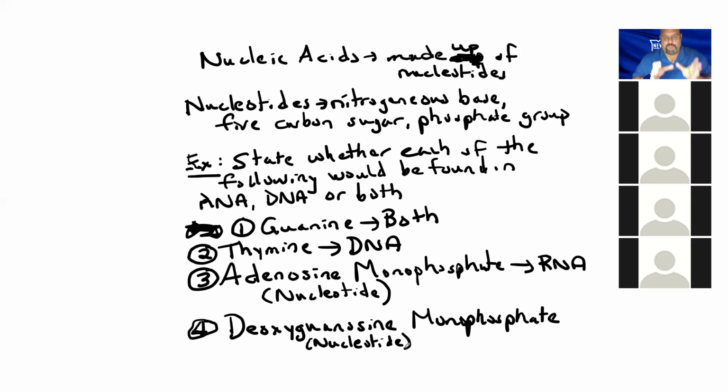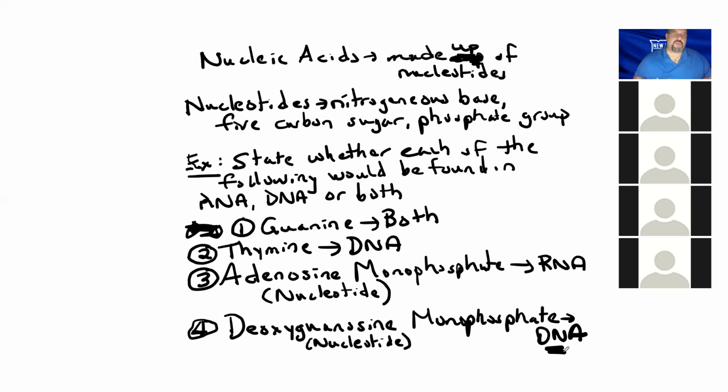But here, if we focus on the nucleoside portion of the nucleotide name, we have the term deoxyguanosine. So in front of the guanosine, we have the prefix deoxy, which is the indicator that this nucleotide would only be found in DNA. Again, if you had guanosine monophosphate, that would be found in RNA. But if you have deoxyguanosine monophosphate, that would be found in DNA.